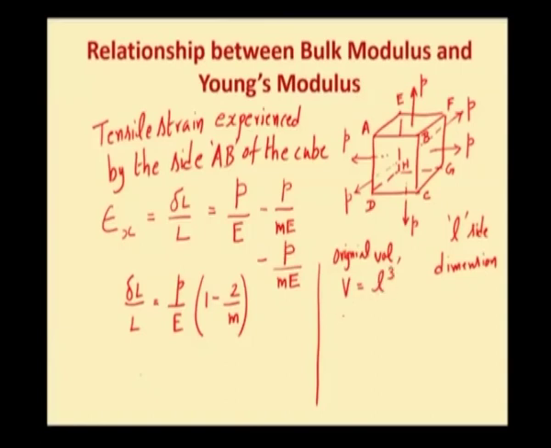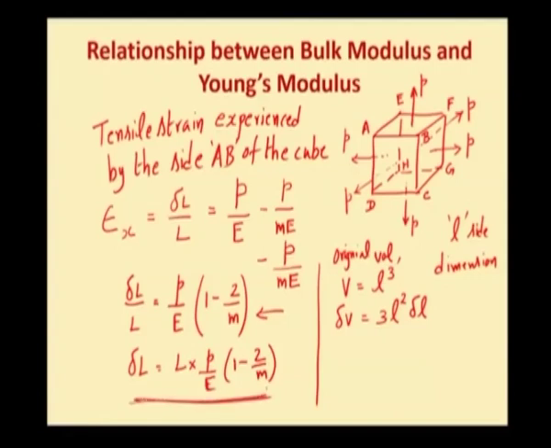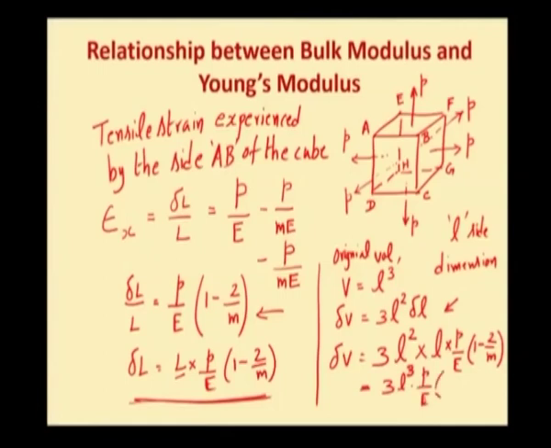If this is differentiated, we will get delta V, the differential of L cube, which will be 3 L square delta L. Now, from this equation delta L is equal to L into p by E into 1 minus 2 by M. So, substituting this value of delta L here, we get delta V is equal to 3 L square into L into small p by Young's modulus E into 1 minus 2 by M, which will once again be 3 into L cube into p by E into 1 minus 2 by M. So, which is delta V.